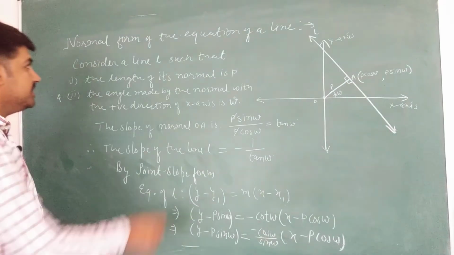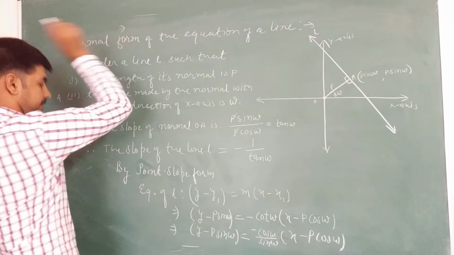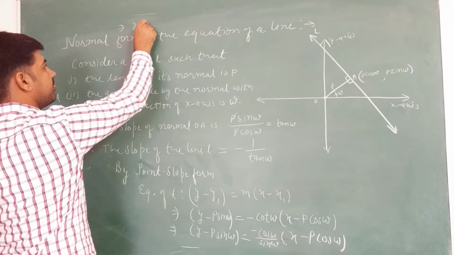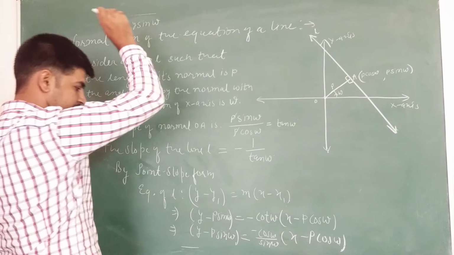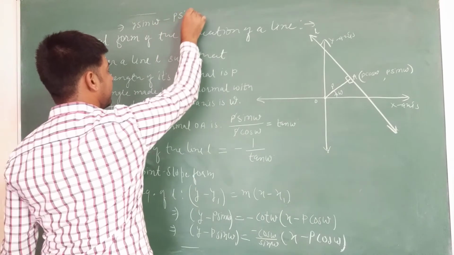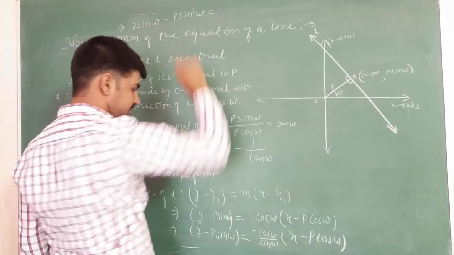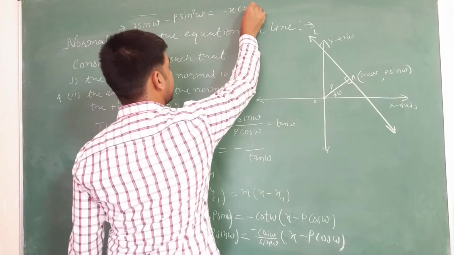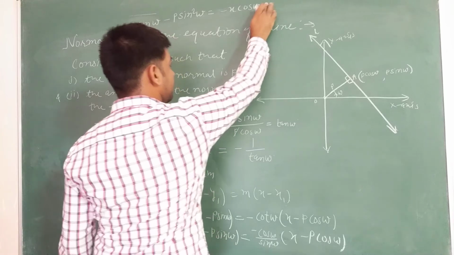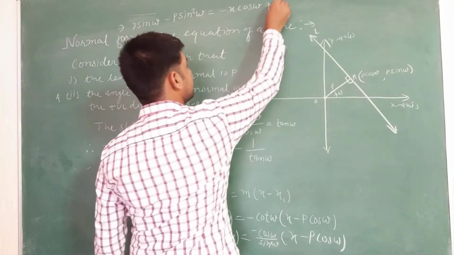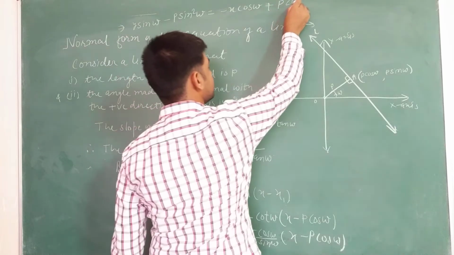By cross multiplication, we get y sin omega minus p sin squared omega is equal to minus x cos omega, and minus minus plus, p cos squared omega.